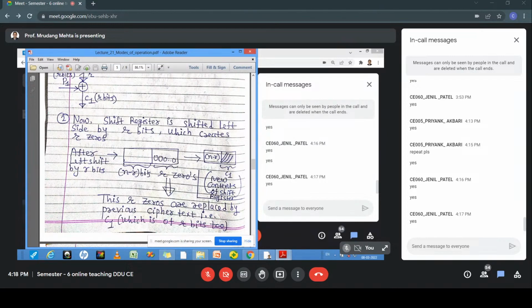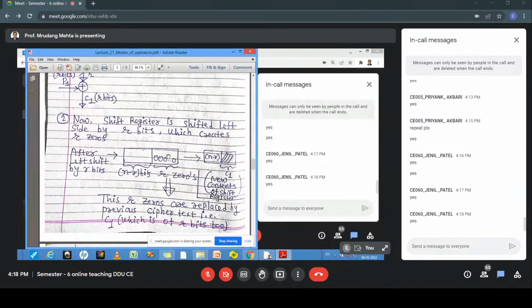This is a known fact to all of you, correct? This is based on the left shift operation.